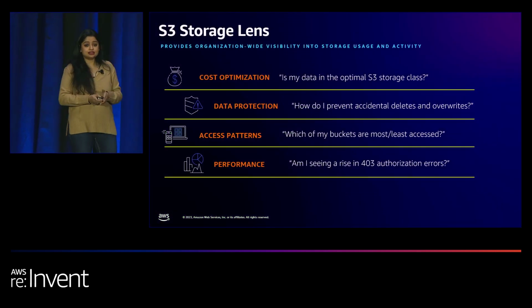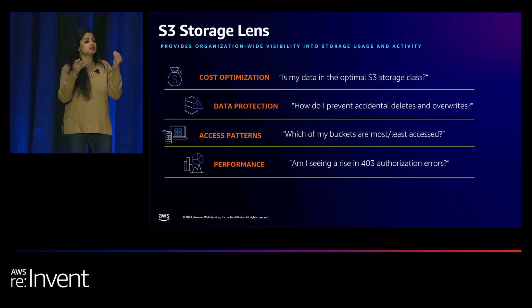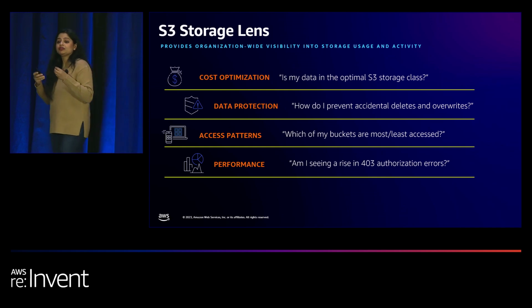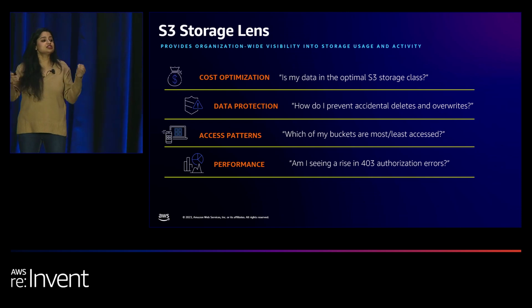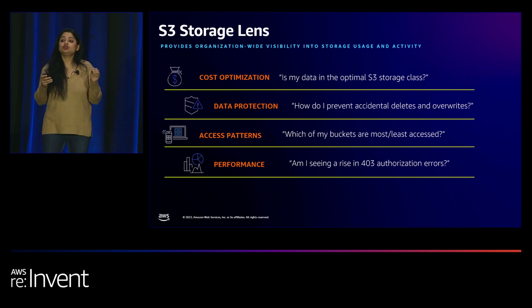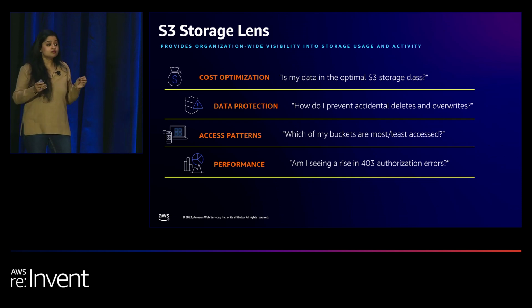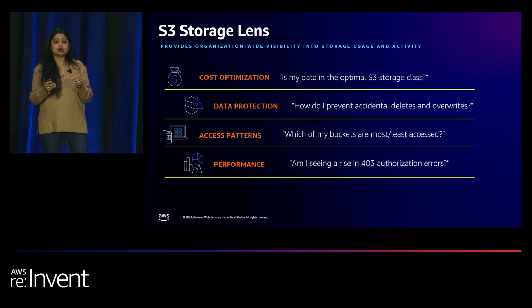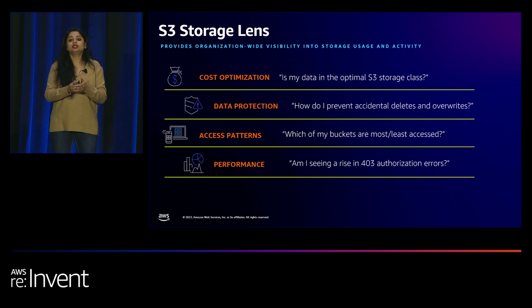S3 Storage Lens is a storage analytics service that provides organization-wide visibility into your storage usage and activity. It comes with over 60 metrics in an interactive tool that can help you gauge any improvement opportunities around cost optimization, data protection, access patterns, and performance.